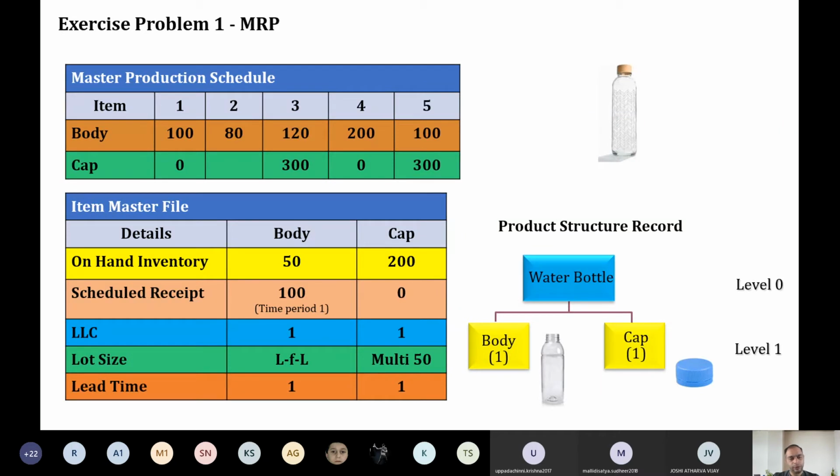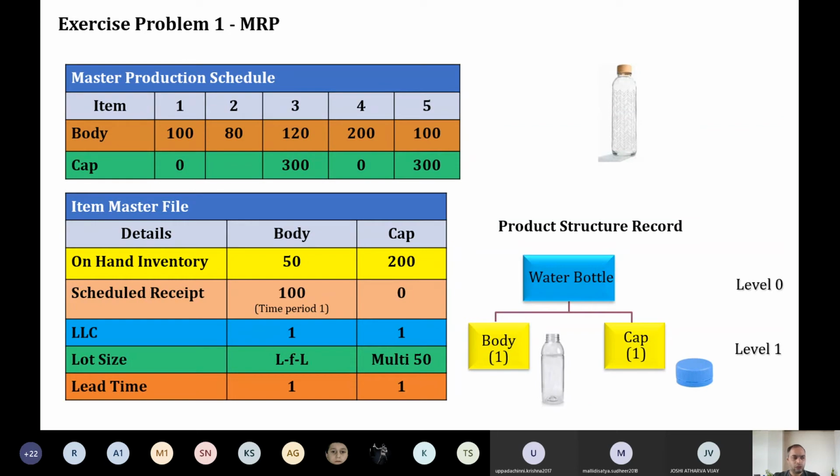Now you are going to prepare the material requirement planning matrix, solve for the body and for the cap, and at last submit the MRP report as an assignment. The assignment is already open in your Teams. Just like your CAP 2, which you solved on paper and uploaded, please do it for this exercise problem now.